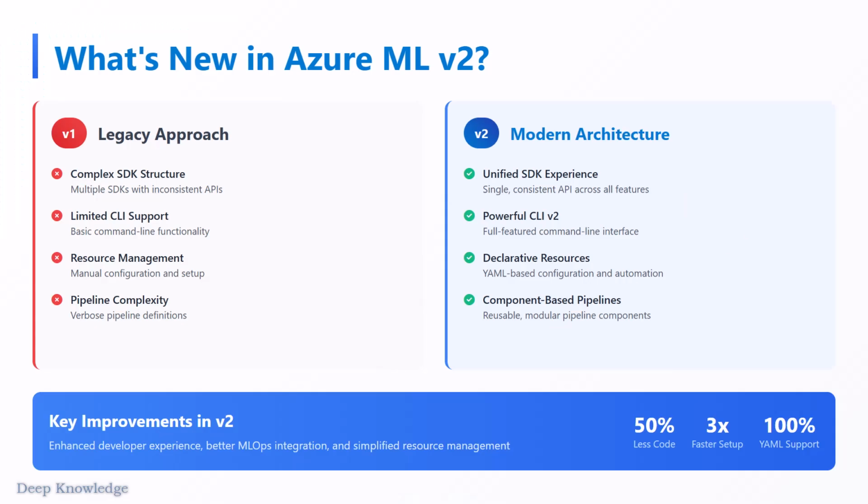So what is the difference between version 1 and version 2? As you can see here, version 1 was indeed a nightmare. It had multiple SDKs with inconsistent APIs, limited command line, and the pipeline code was so complex that you needed someone who was really an expert in this, or maybe implemented it by himself.